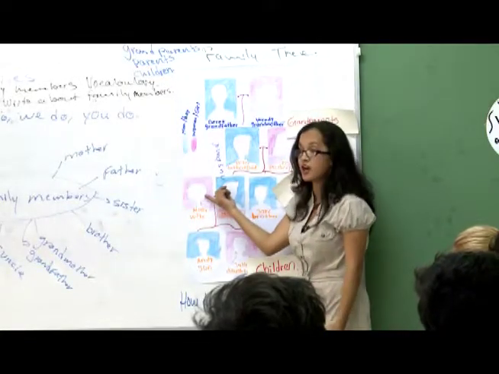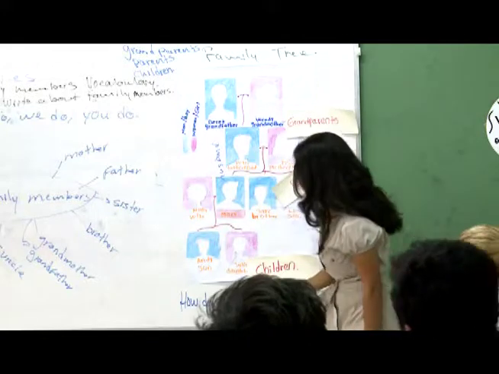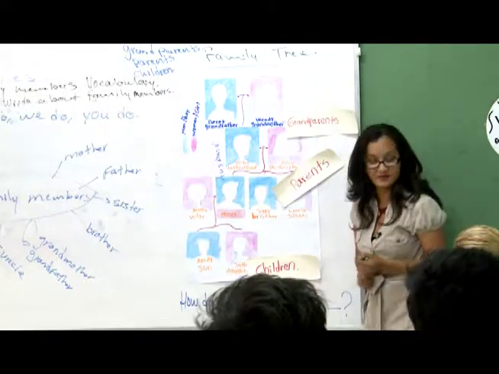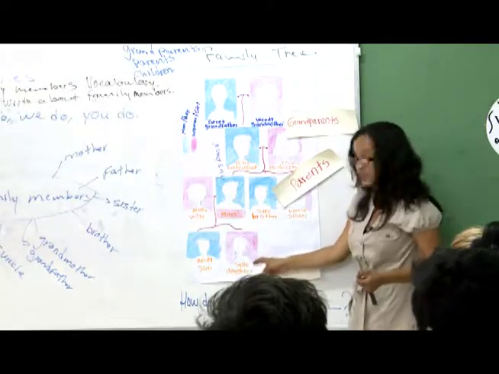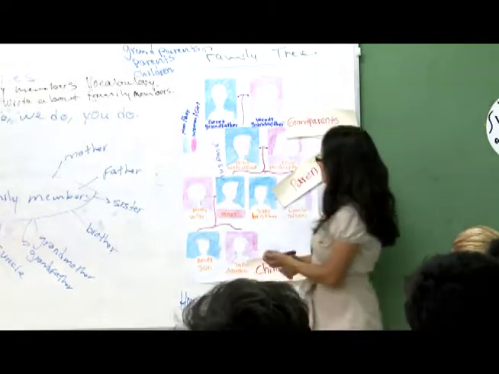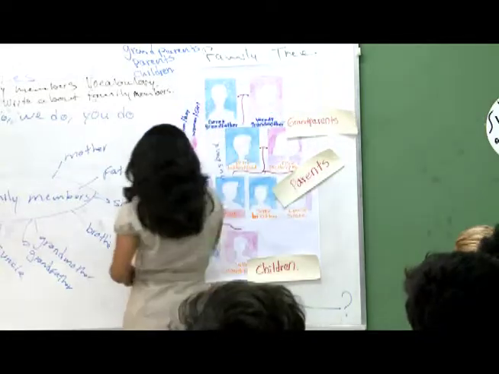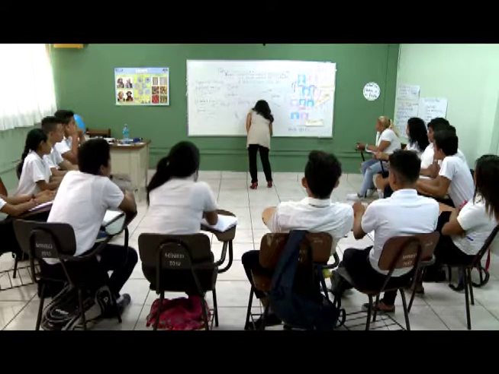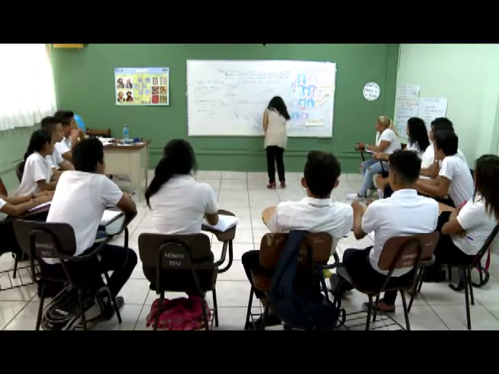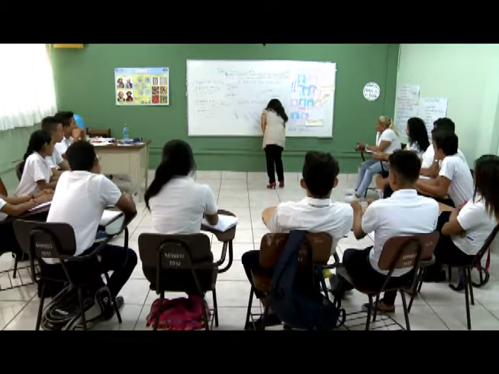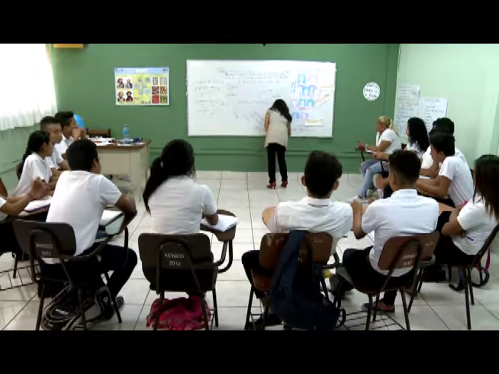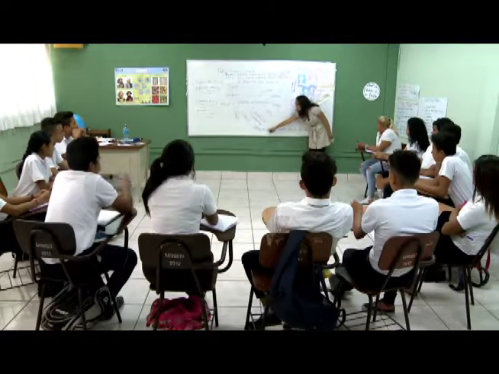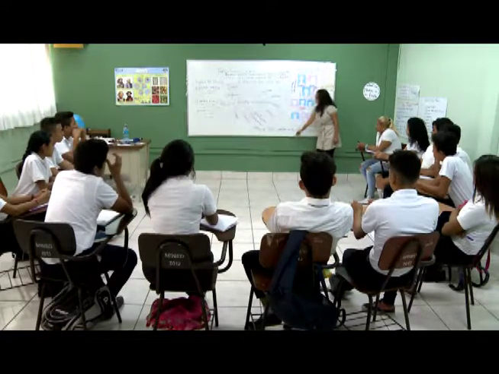And give me a daughter. Daughter is a girl. So in this case, the daughter is Julie, right? So Molly is Julie's mother. You see, Molly is Julie's mother.